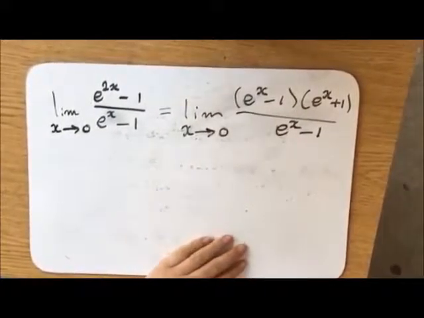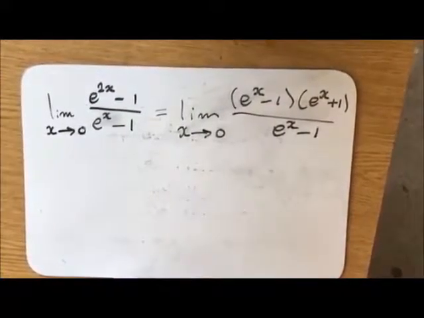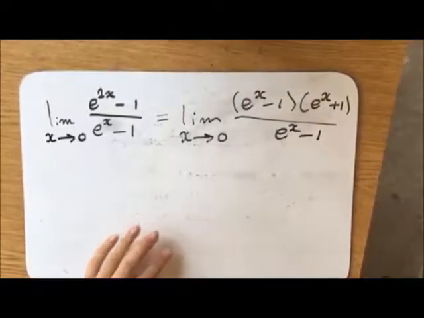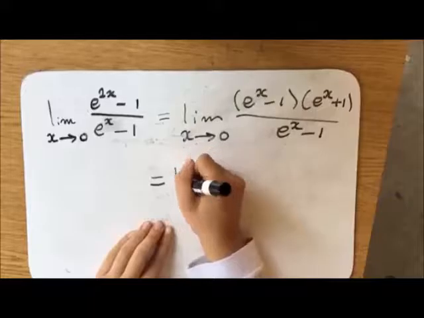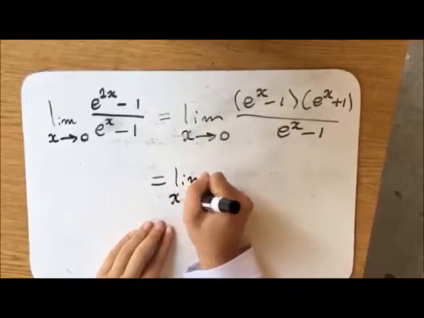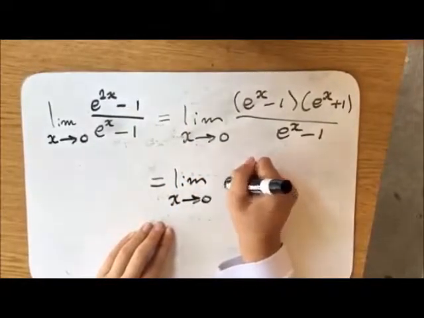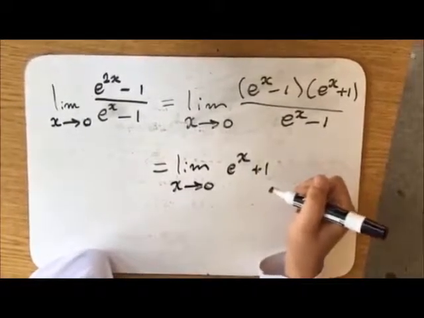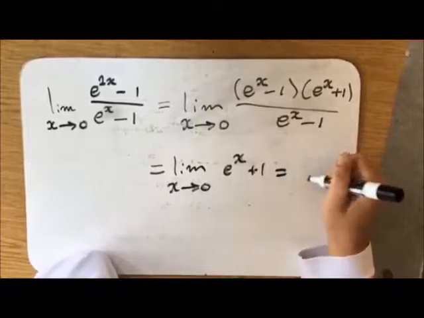And since the numerator and the denominator share a common factor, you could cancel those out. And you could plug in to get 2.